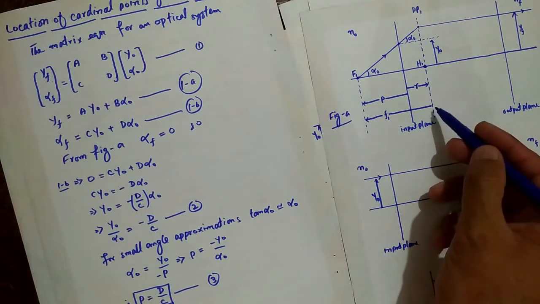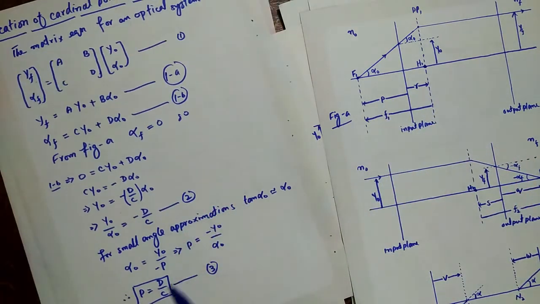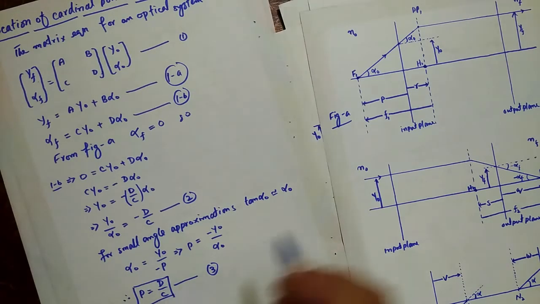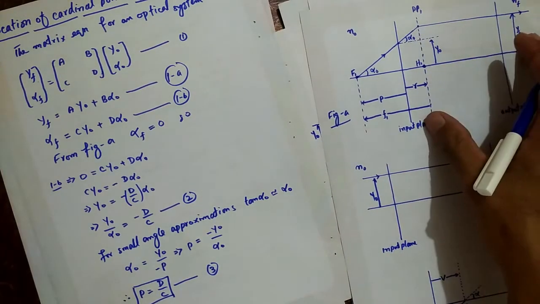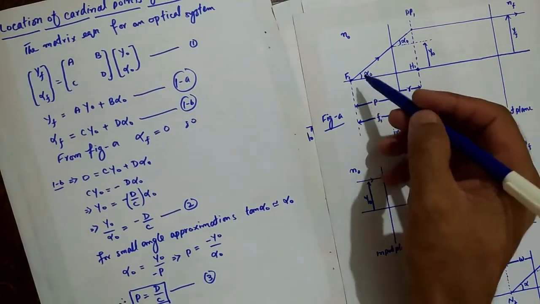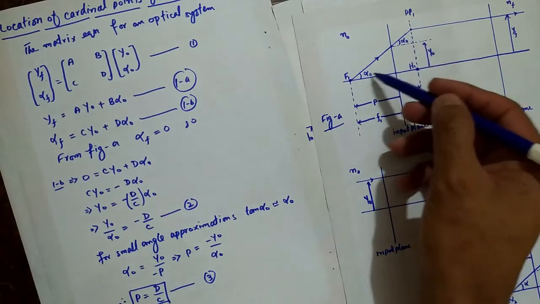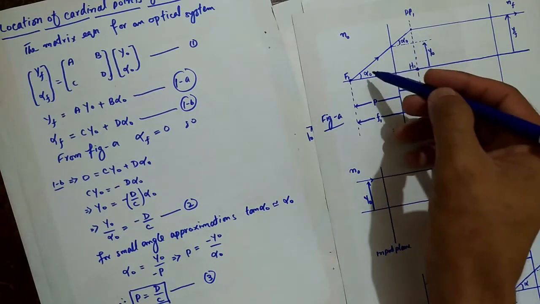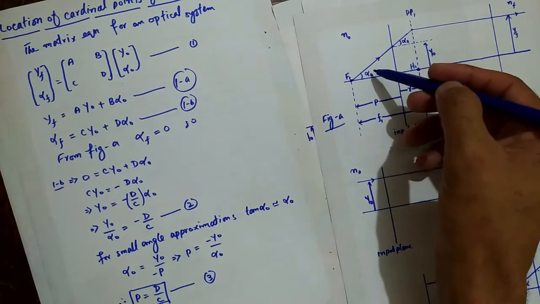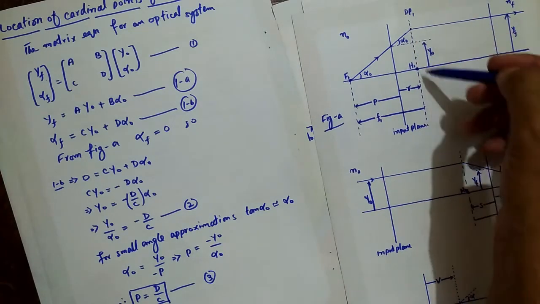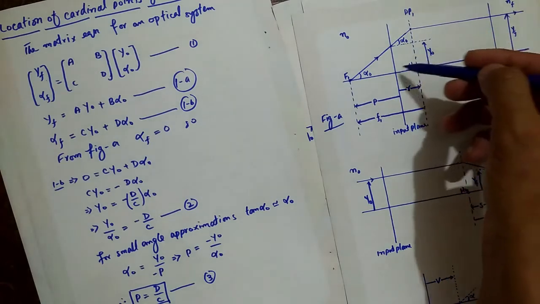Similarly, now we are going to calculate f1. Here in this figure, look here. Again, for small angle approximations, alpha naught will be equal to yf over f1, because this height is yf.